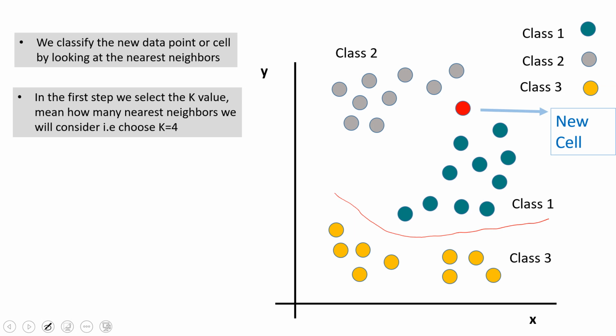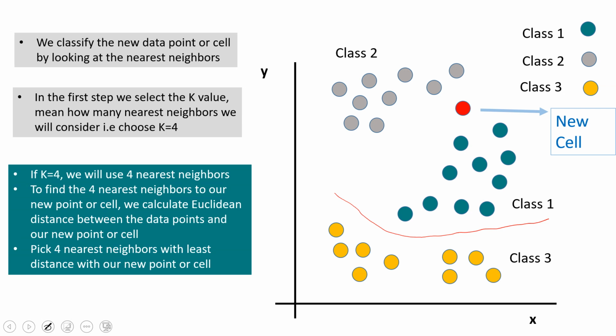If k is equal to 4, we will use 4 nearest neighbors. To find the 4 nearest neighbors to our new point or cell, we calculate the Euclidean distance between the data points and our new point or cell. Pick the 4 nearest neighbors with the least distance to our new point or cell.